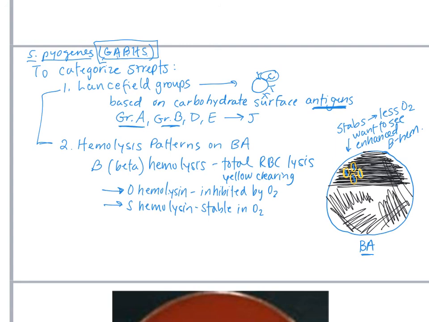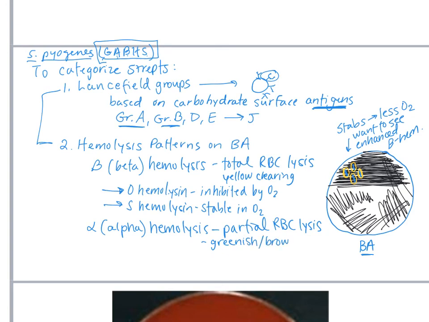Okay, so 2 of our organisms are beta hemolytic. 2 of them are considered alpha hemolytic. And alpha hemolysis is characterized by partial red blood cell lysis. So essentially how that looks around the growth, that blood agar generally turns kind of a dark greenish, brownish color.